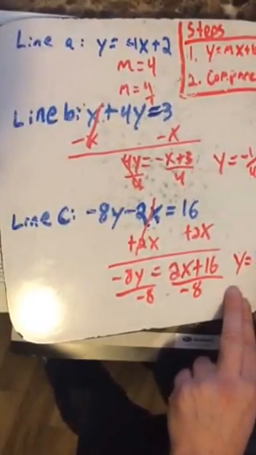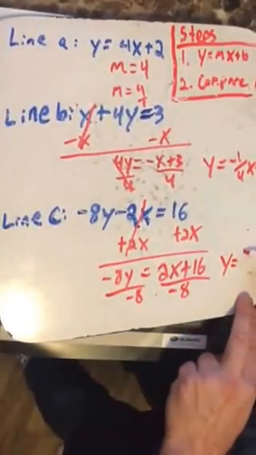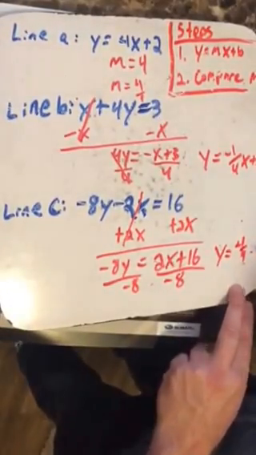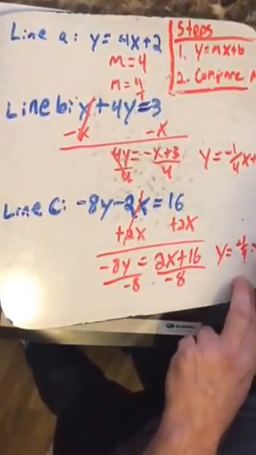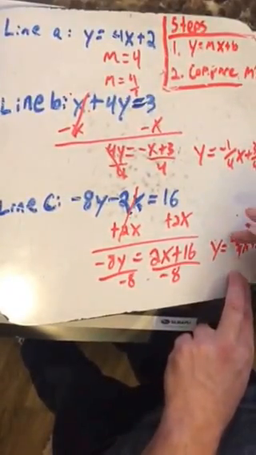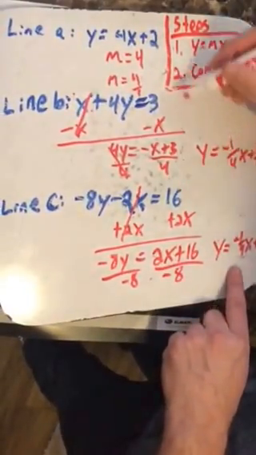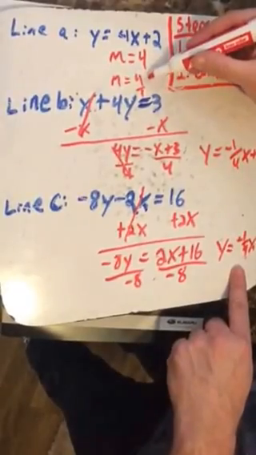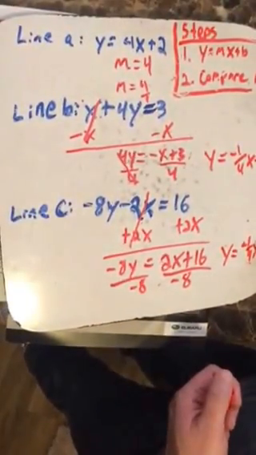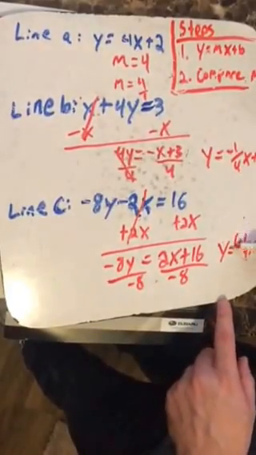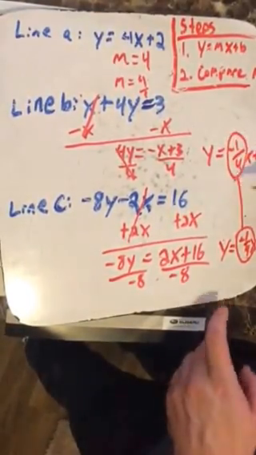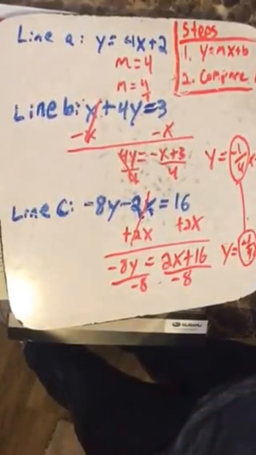We'd have y equals negative 1 over 4 x plus 2. Going back all the way up to the first equation, 4 over 1 is the opposite reciprocal. Therefore, it is perpendicular to the first equation. Again, I'm just looking at the m. But yet, it's parallel to the second equation because they have the same m.